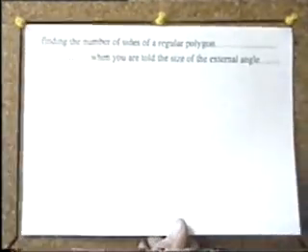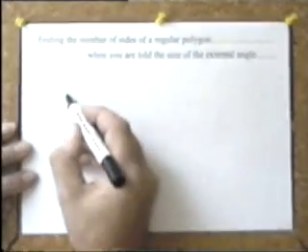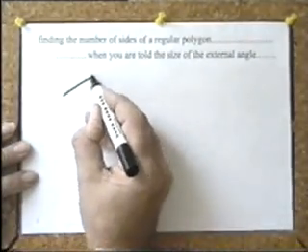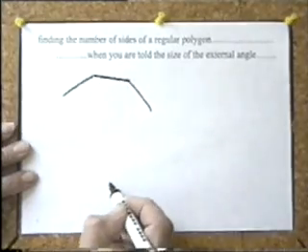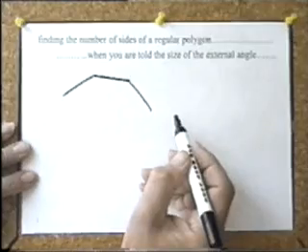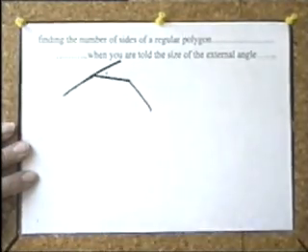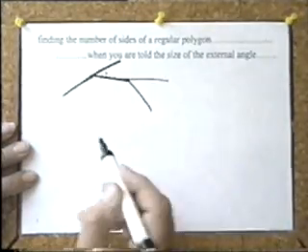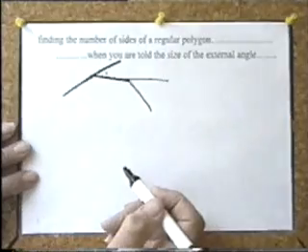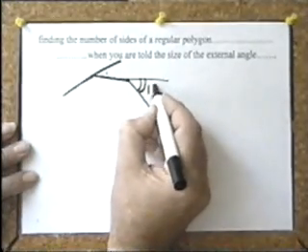Let's suppose that you know what the exterior angle is. So you've got a regular polygon, but don't know how many sides it's got. But you do know the exterior angle. So if you're told the exterior angle of a regular polygon, you can find out how many sides it's got. Let's suppose the exterior angle is in fact 18 degrees.